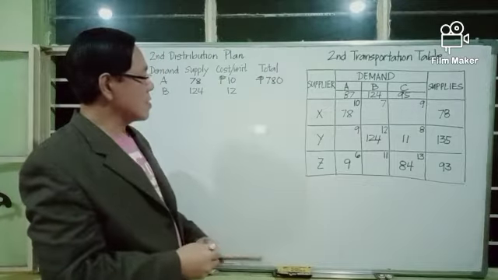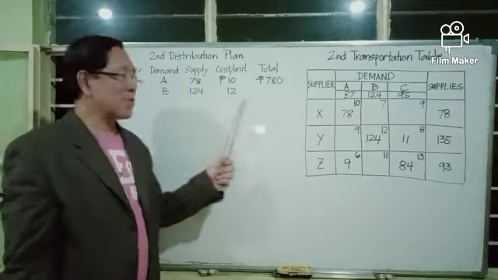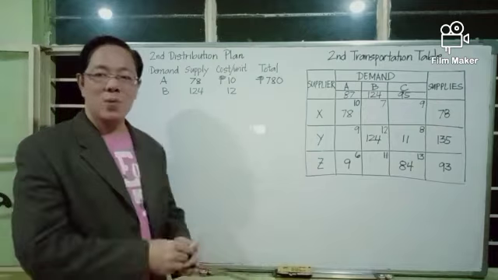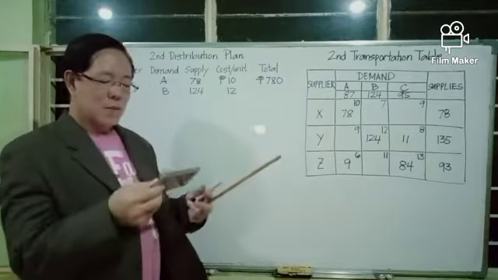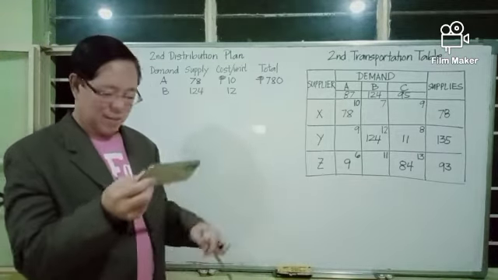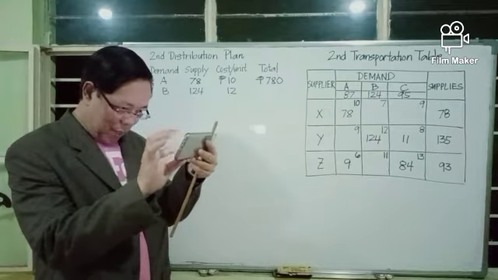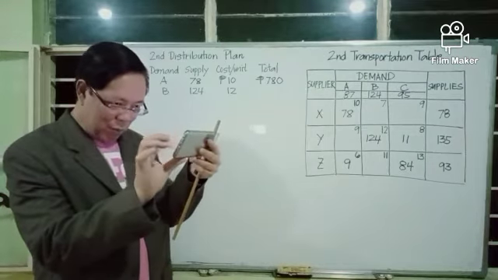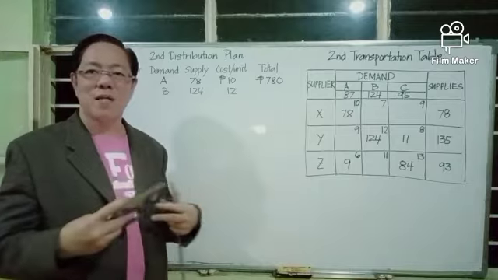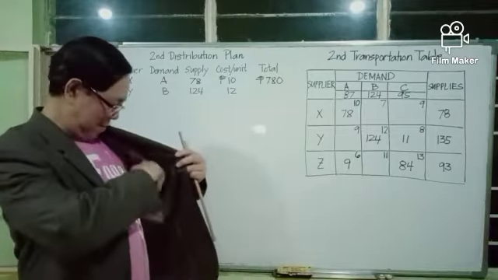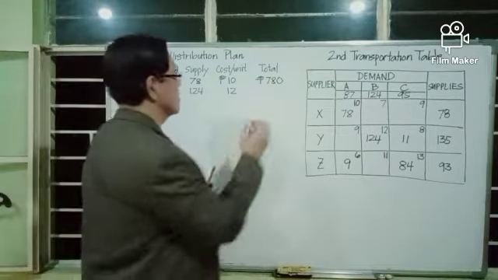And the total cost is obtained by multiplying 124 by 12. You use your calculator. 124 multiplied by 12, you get 1,488 pesos.